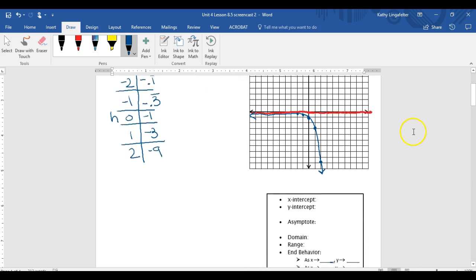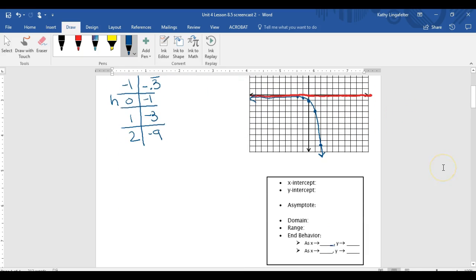Now let's fill out the analytics box. For the x-intercept, this graph is approaching the x-axis, but it will never reach there because the x-axis is the horizontal asymptote for this function. So there is no x-intercept for this function. The y-intercept we can see right here from the table.